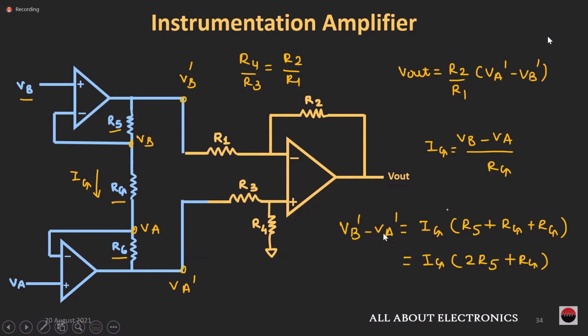And VB dash minus VA dash is equal to IG into R5 plus RG plus R5, so IG into 2R5 plus RG.